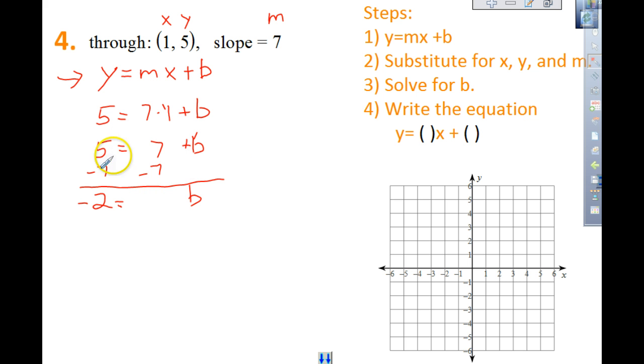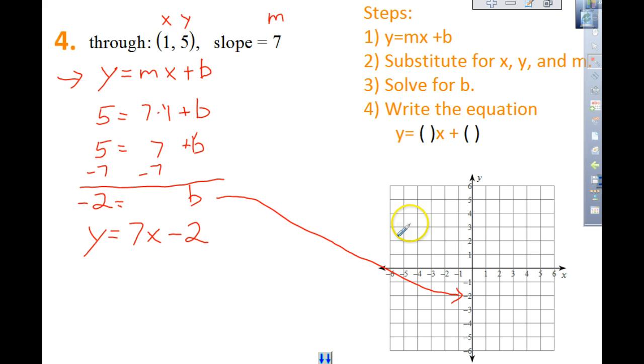So, if I was to graph this, I expect this to go through the y-axis right here. The equation is y equals 7x minus 2. Well, it's verified just by looking at the graph.